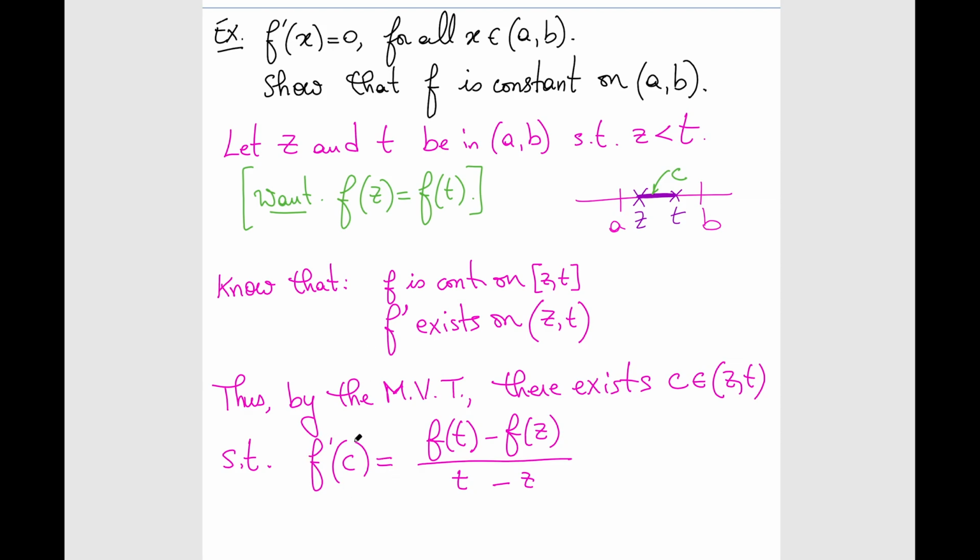So this guy is 0 by assumption. All right. And we're done, right? Because if this guy is 0, well, this guy happens to be equal to this quotient. And the quotient is 0 as long as the numerator is 0.